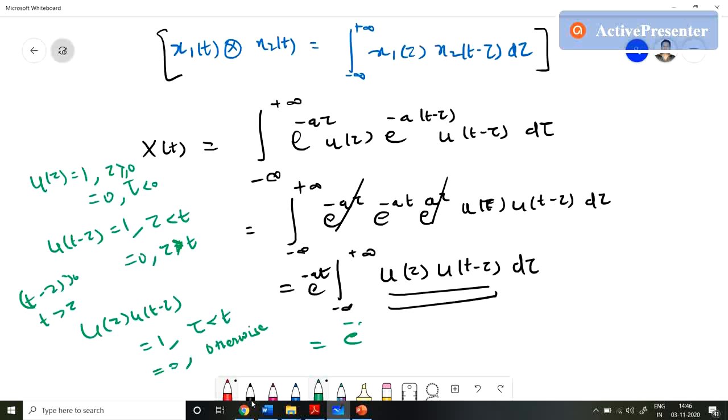So we have e raised to the power minus a tau only from 0 to t. Only from 0 to t this term is equal to 1, and for all other values it is equal to 0.